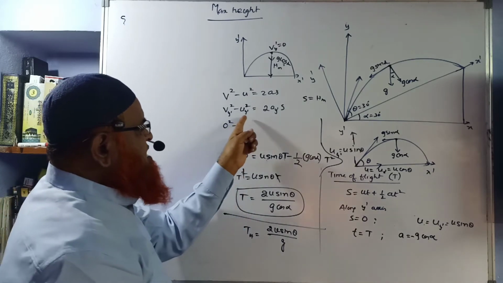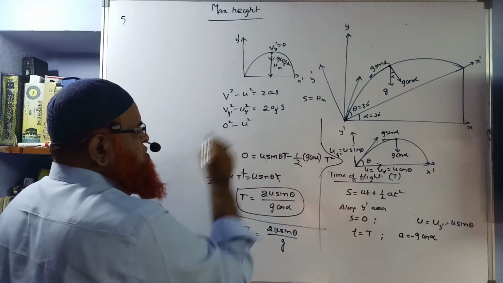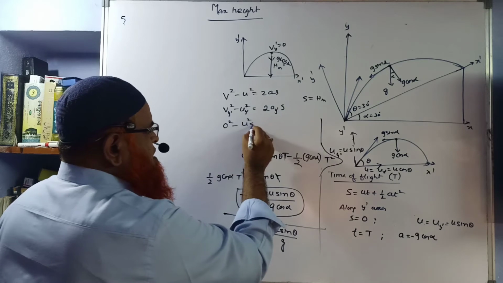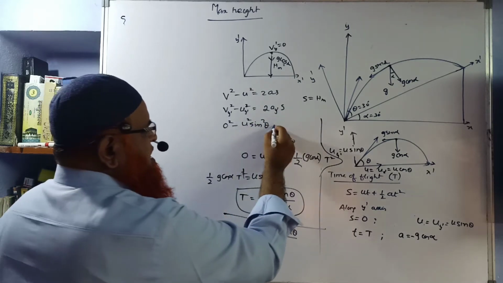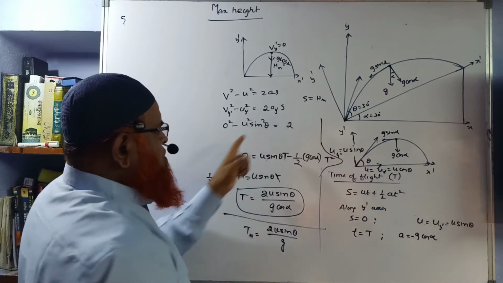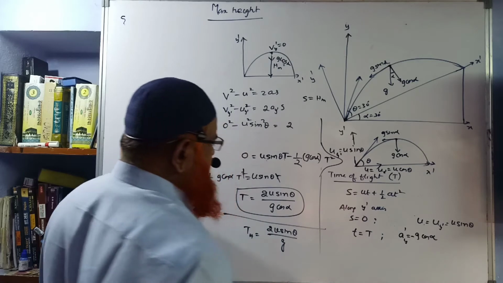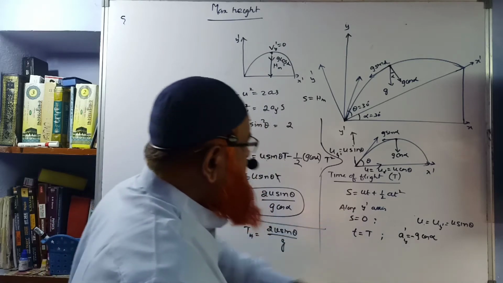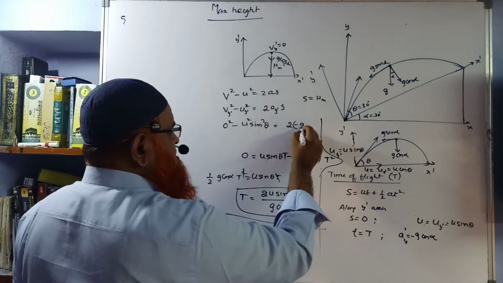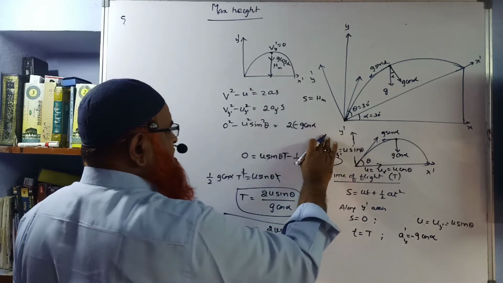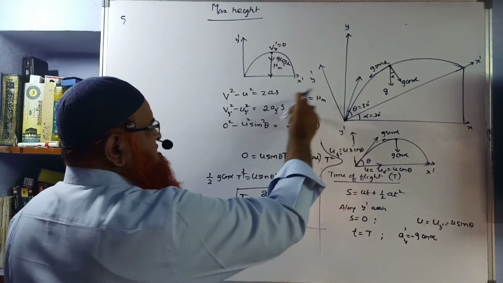And Uy dash whole square. What is Uy dash whole square? This is going to become u square sine square theta, is equal to 2 into ay dash. What is this ay dash? It is going to become minus g cos alpha here. So minus g cos alpha into s. What is this s?